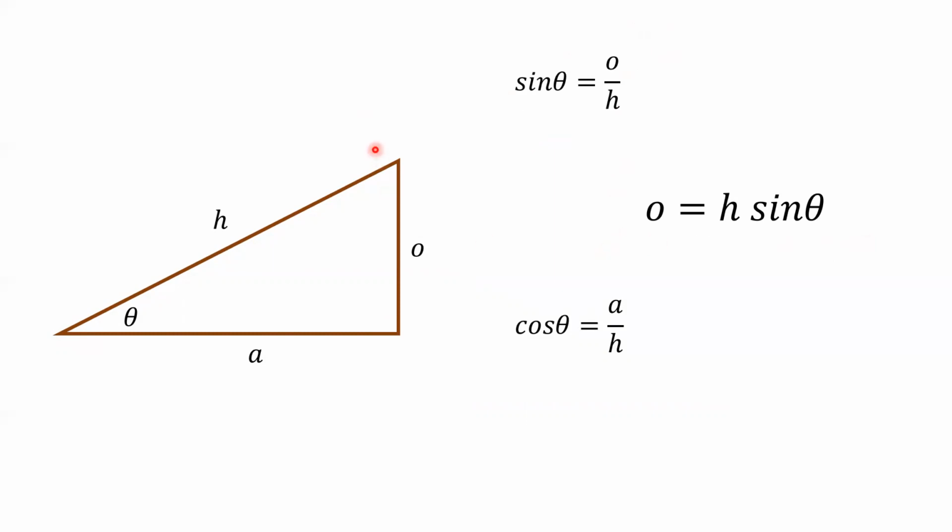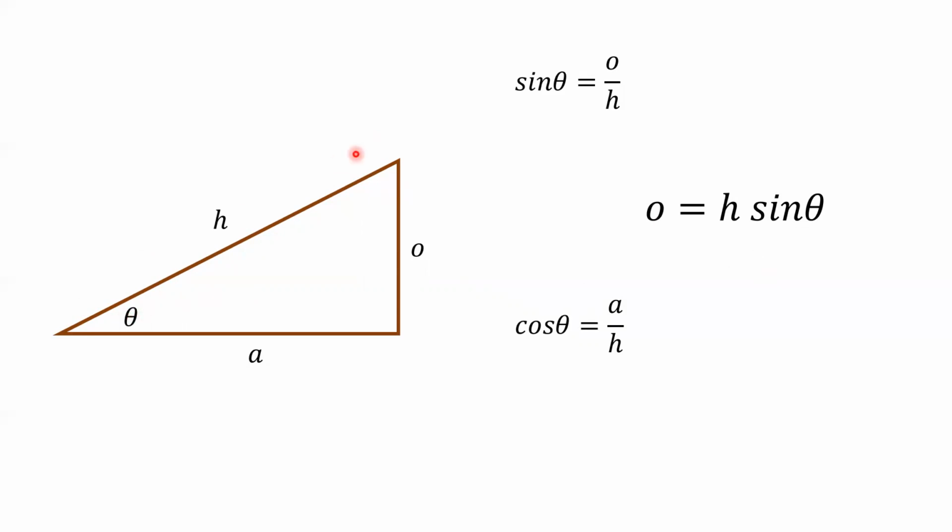Because very often we're going to have a vector, which is the hypotenuse, and we'll know the length of that vector, but what we're interested in is the opposite side. And what this equation says is all you have to do, if you want the opposite side, is just take the hypotenuse, multiply by the sine function, and that gives you the opposite side. It's easy to remember, right? Because sine deals with the opposite side.